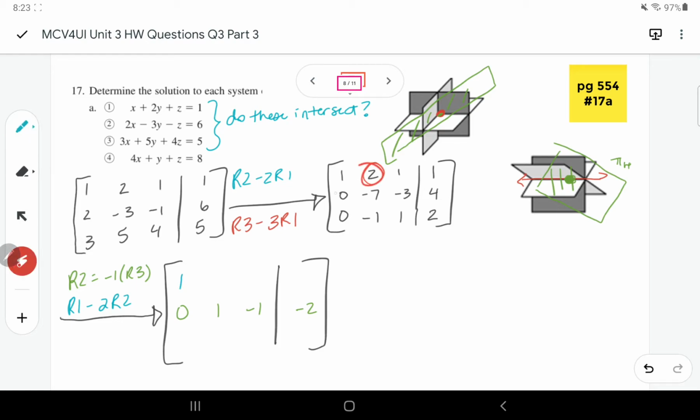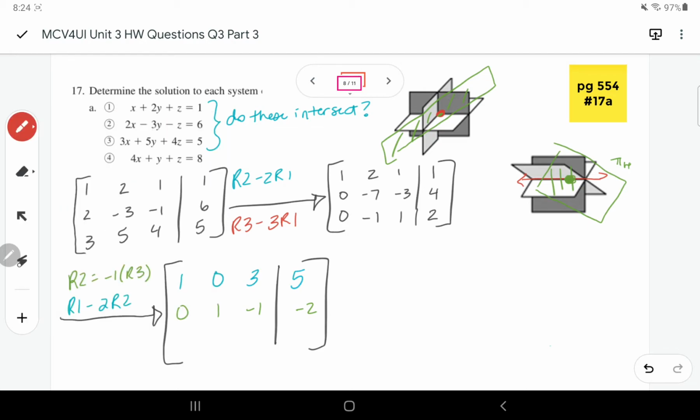And then 2 minus 2 times 1 is 0, which was really the point. 1 minus 2 times -1. So minus 2 times -1 is plus 2, and 1 plus 2, that puts a 3 there. And then last one, I have 1 minus 2 times -2, so that would be 1 plus 4 is 5.